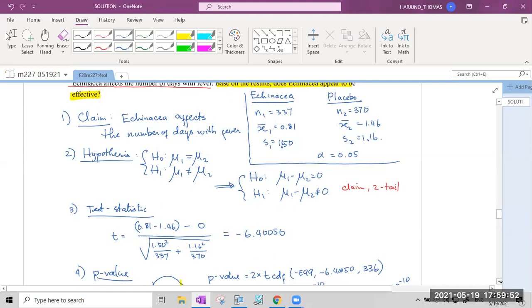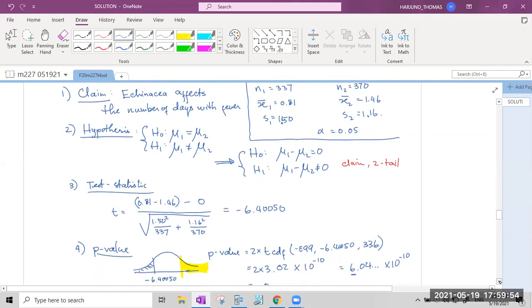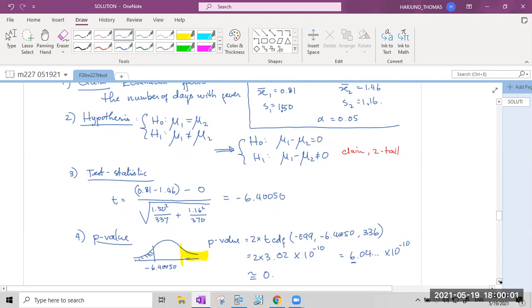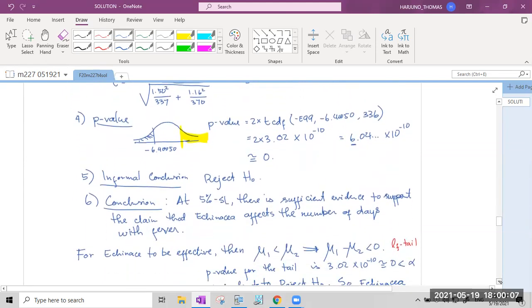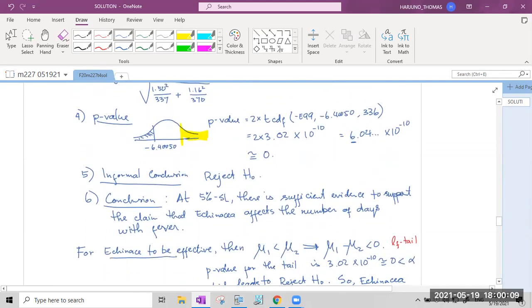Because of that claim, the hypothesis is either two-tail or one-tail. Two-tail for what we had earlier. One-tail if the claim had been echinacea to be effective.